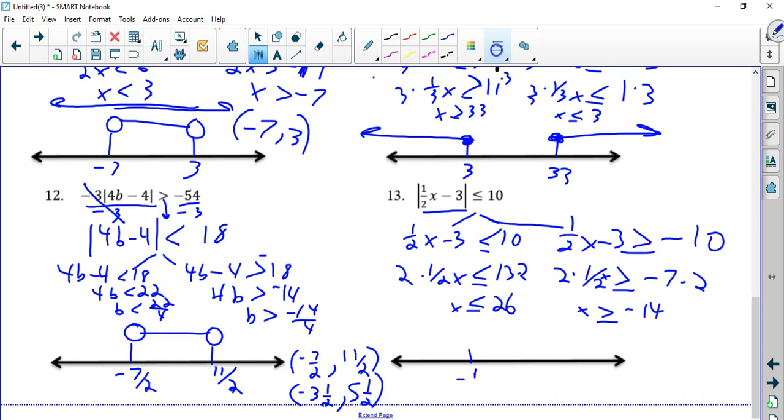So negative 14 is here. 26 we'll put over here. It's solid dots all around. And since it's greater than negative 14, but less than 26, there's my overlap. And again, I'm going to have brackets from negative 14 to 26 inclusive.